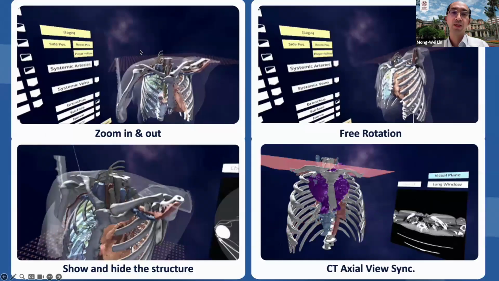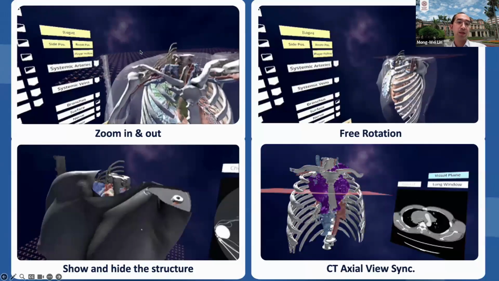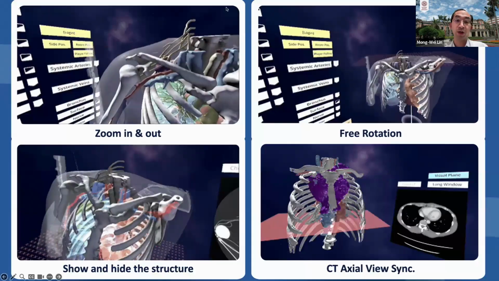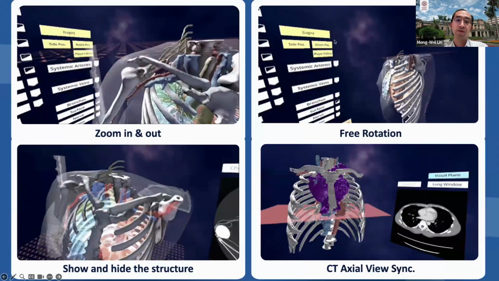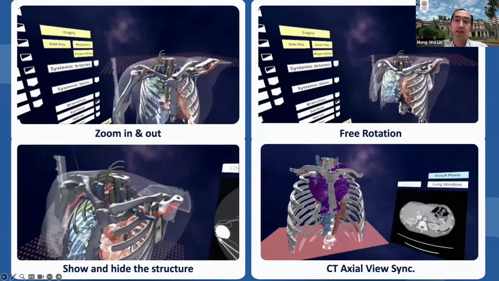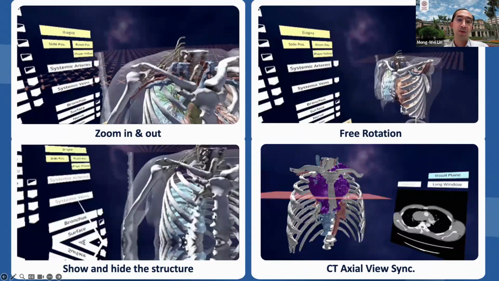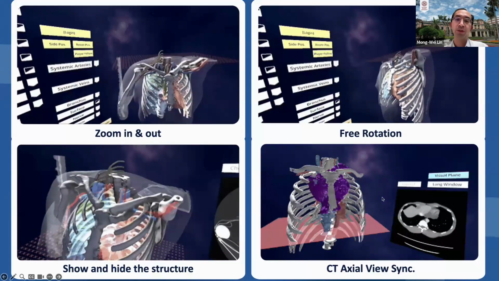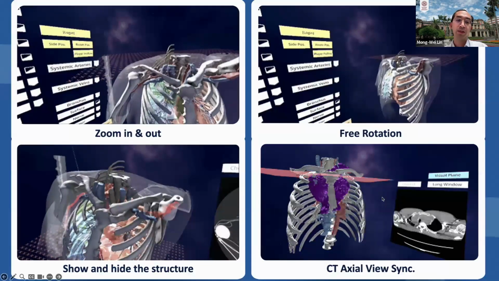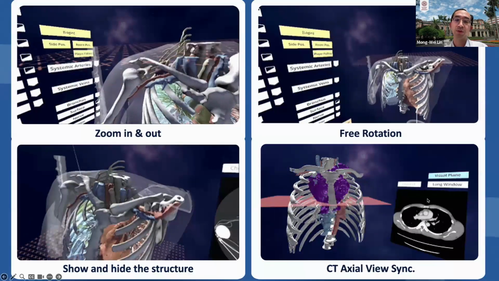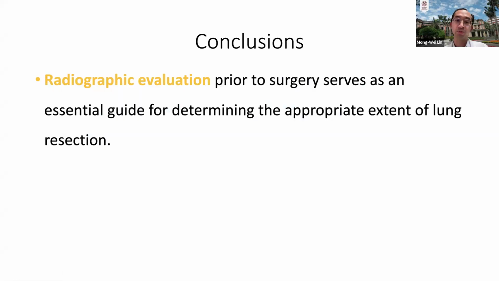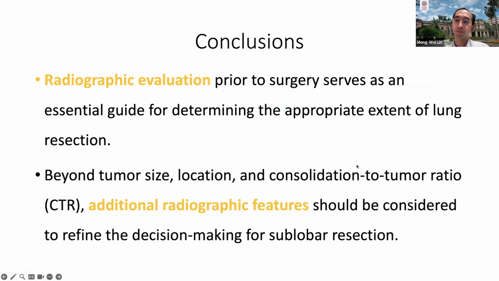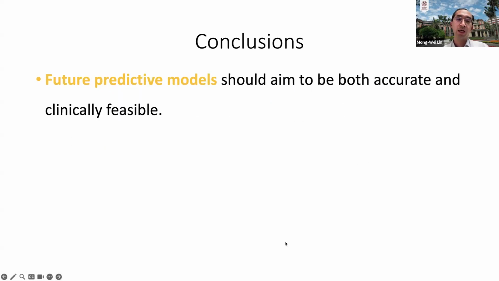So in conclusion, I think radiographic evaluation prior to surgery serves as an essential guide for determining the appropriate extent of lung resection. And beyond tumor size, location, and CT ratio, I think additional radiographic features are very important and should be considered to refine the decision-making for sublobar resection.